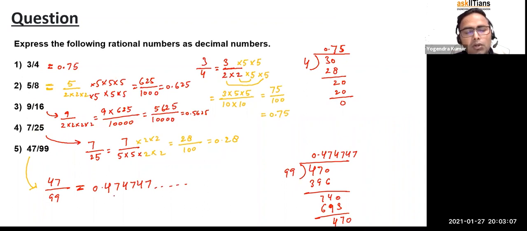Otherwise it will be a non-terminating decimal form. And if it is a rational number, obviously it has to be repeating. I think it is making sense, right?